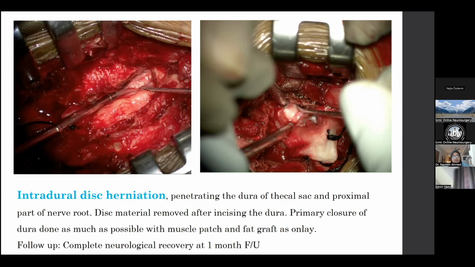So we made a longitudinal incision in the dura and found this huge disc material, and we were able to remove all of it intraoperatively. We went for primary closure of the dura in some parts; in one part we didn't go for primary closure. We kept a smashed muscle patch on the dura mater. Postoperatively, we observed no CSF leakage, and the patient achieved complete neurological recovery at 1 month follow-up.